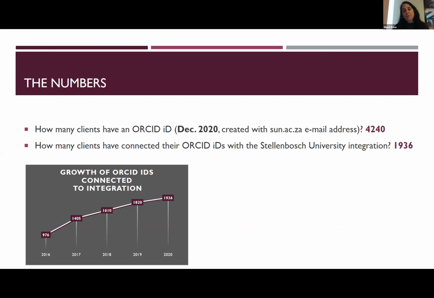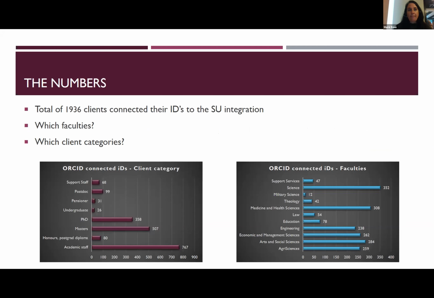And those who have connected their IDs with the integration was about 1,936 at that time. You will see in this graph how it has grown over the years from 2016 and onwards. But you will also see it's not even half of those who already have ORCID IDs that have connected it with this integration of ours.